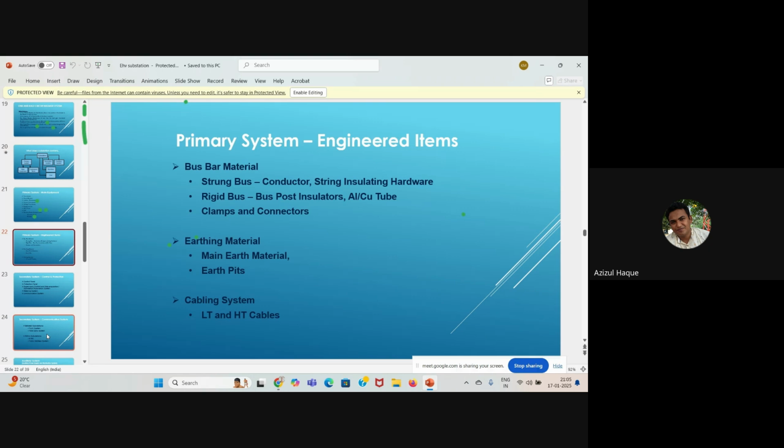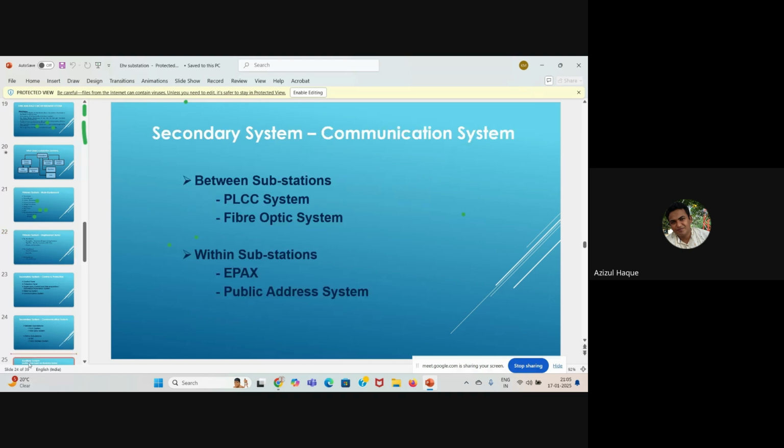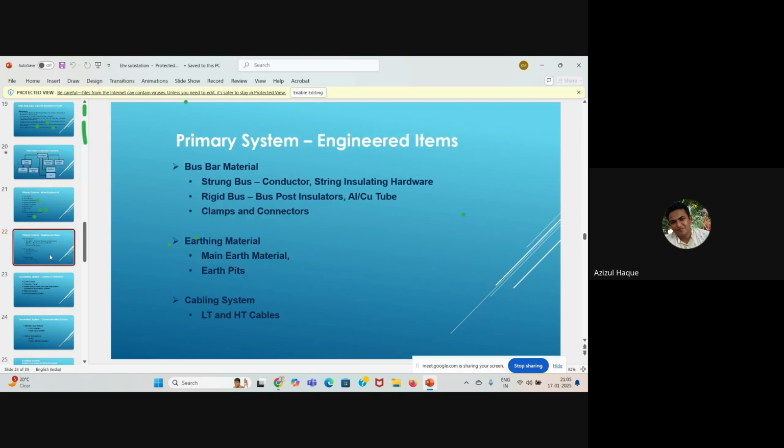But I have to keep this entire length of the bus on my BPI, bus support insulator. I cannot simply put the bus on that insulator, because the insulator top surface is flat and the bus tube is a round surface, and if we keep it on it simply, then the bus will roll to the ground.